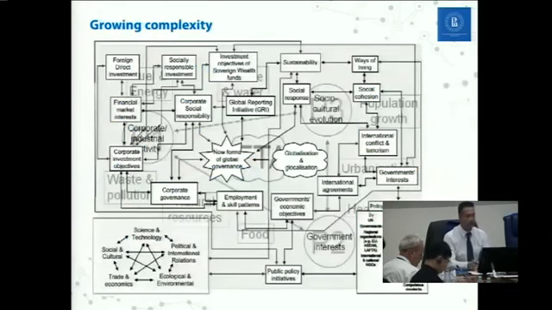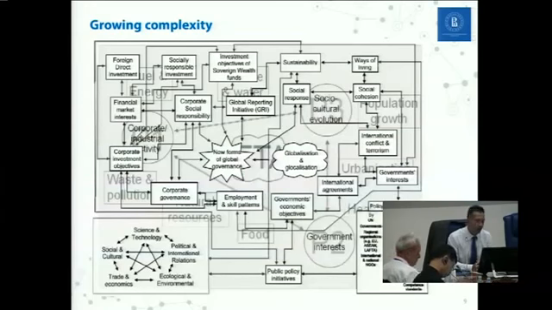At the same time, while all these things are happening, we are facing a growing complexity. So you can see that there are a number of issues. There are sociocultural evolution and transformations. There are corporate, industrial, and research activities, and there are government interests.